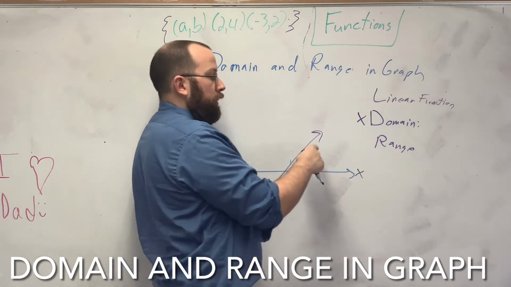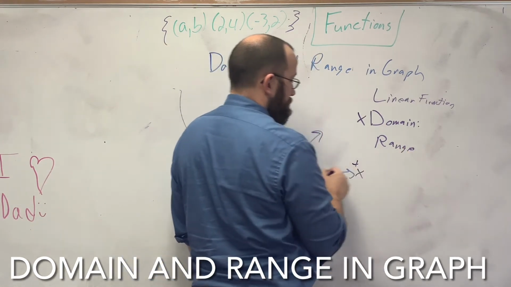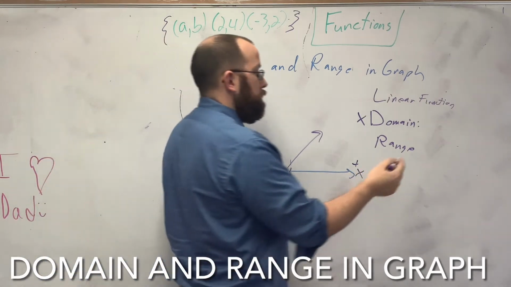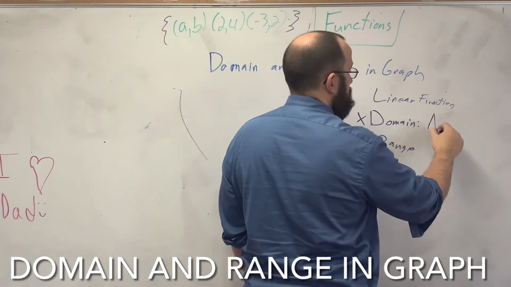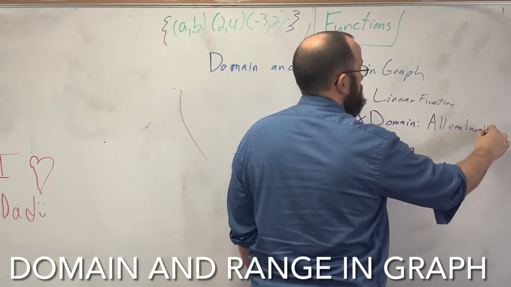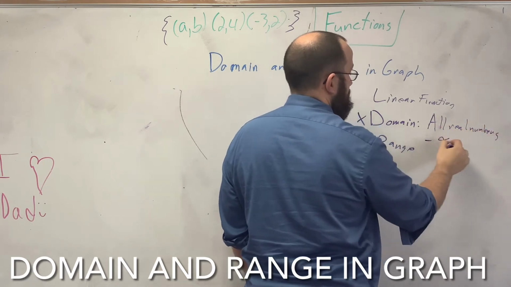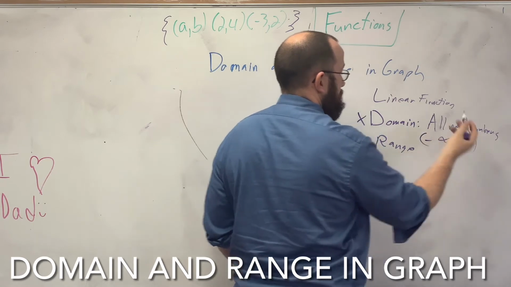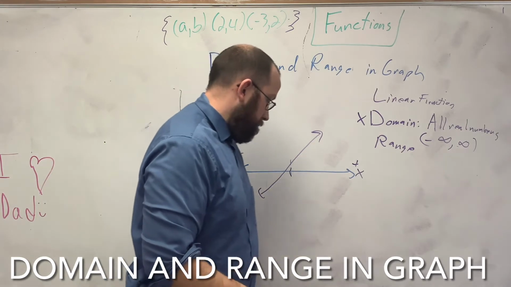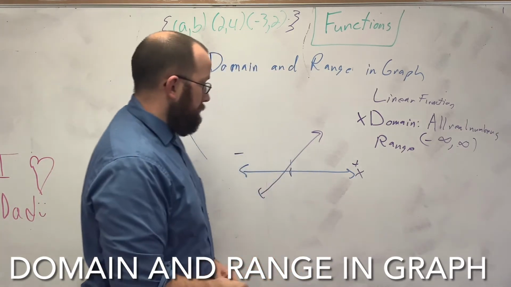Well, it's going to go forever and ever in the positive x direction and forever and ever in the negative x direction. So your domain is actually all real numbers. You can also write that as negative infinity to infinity. I know you've probably never seen that before, but just something new.